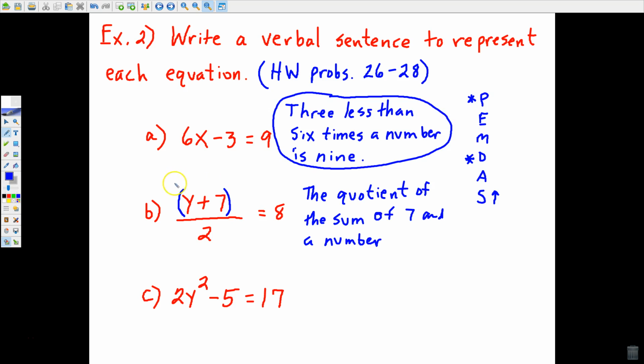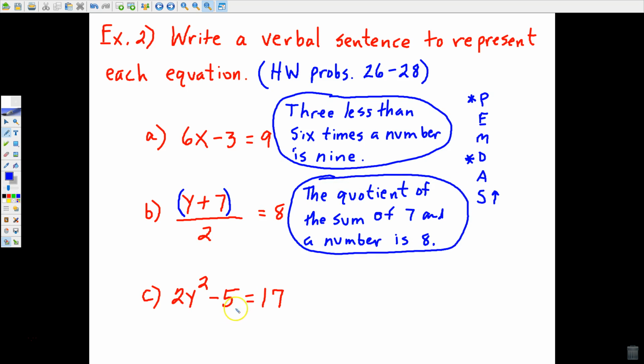And what I have in my parentheses that I inserted is 8, the word that we use to represent equals. All right, the quotient of the sum of 7 and a number is 8. Very good.